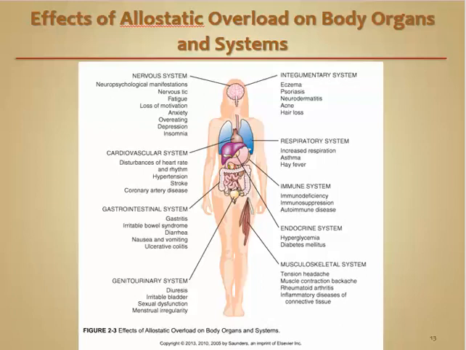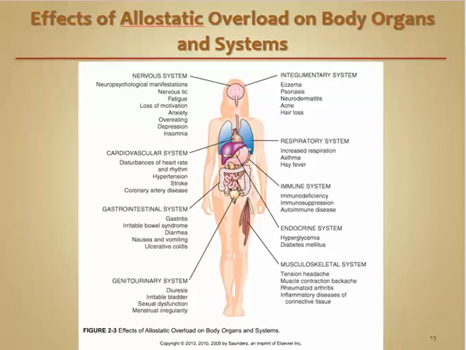Oftentimes allostasis is involving multiple organ systems at the same time, so that cardiovascular disturbances will lead to respiratory disturbances, which might lead to immune problems, endocrine problems, etc. So I'll have you just look over this.